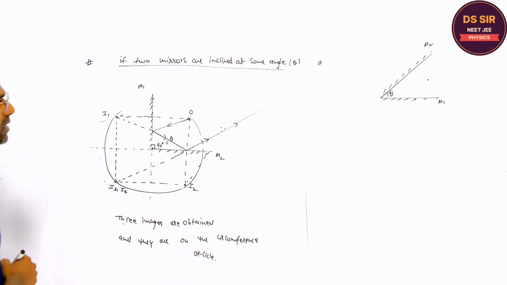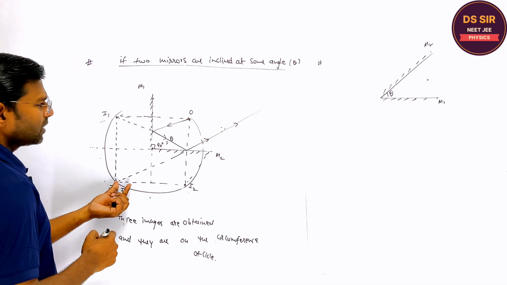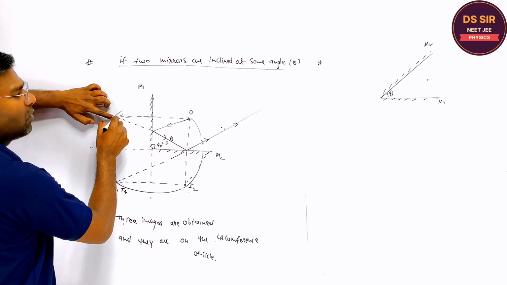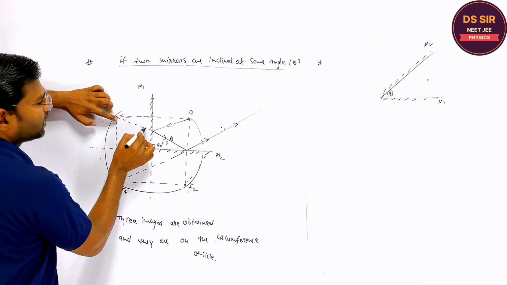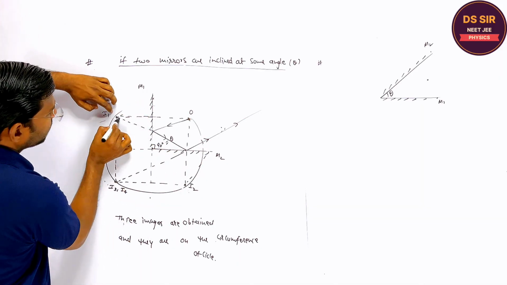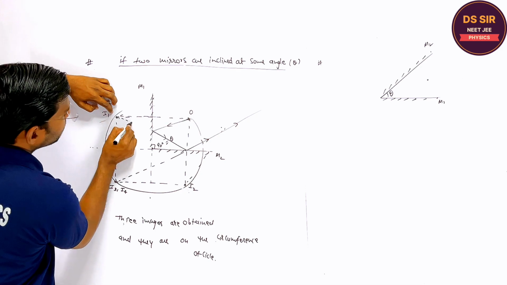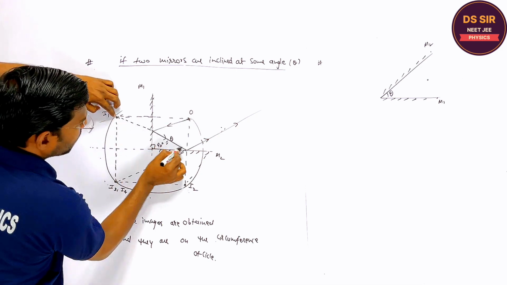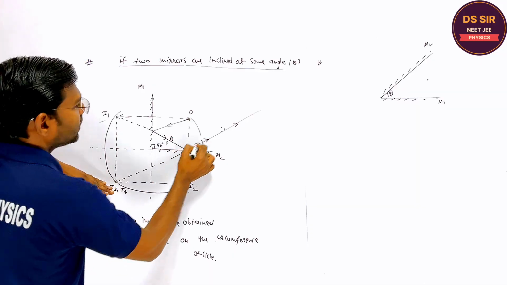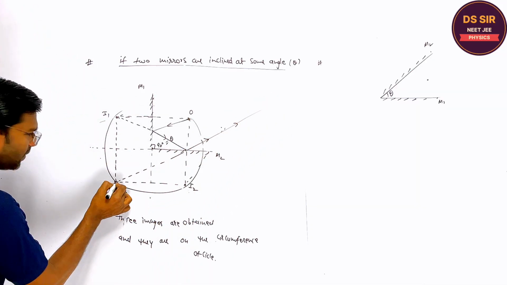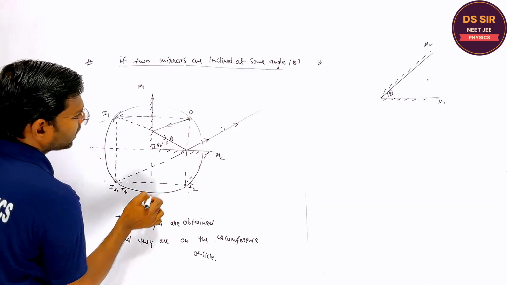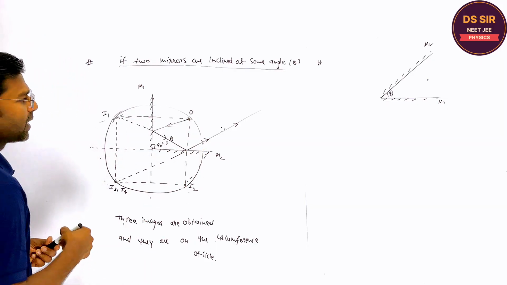So in this way, the third image of this object is formed behind the mirror. This light ray appeared to come from where? From I1. So with respect to this mirror, it is reflected and this is the light ray, so its image is obtained like this, right.